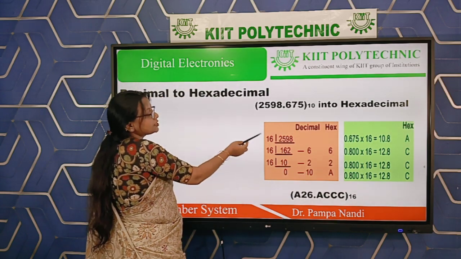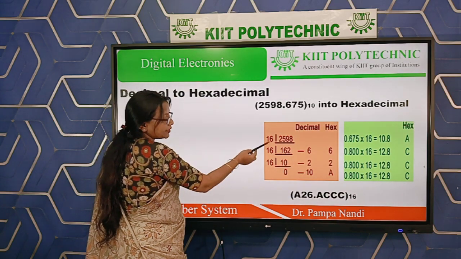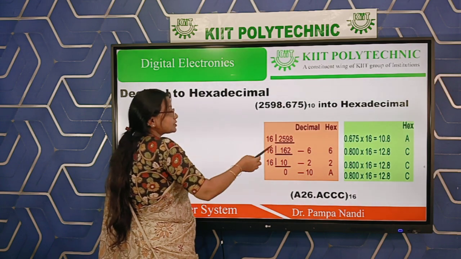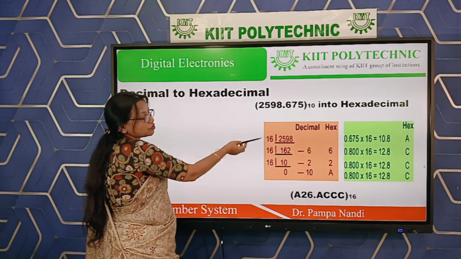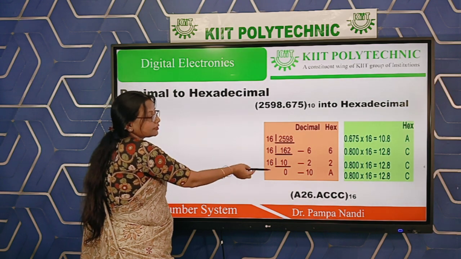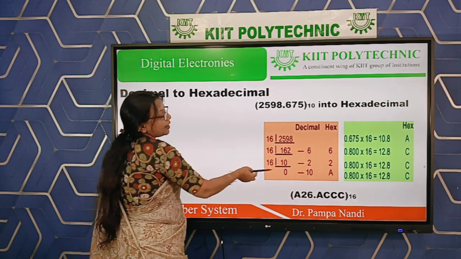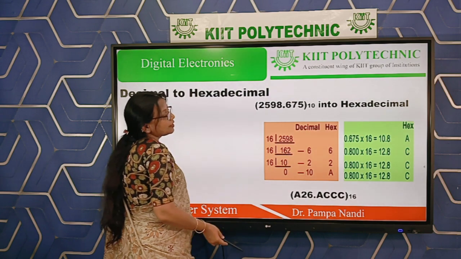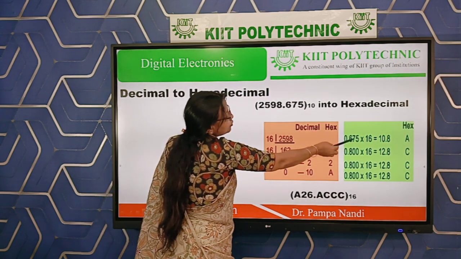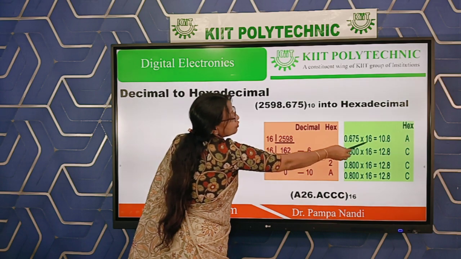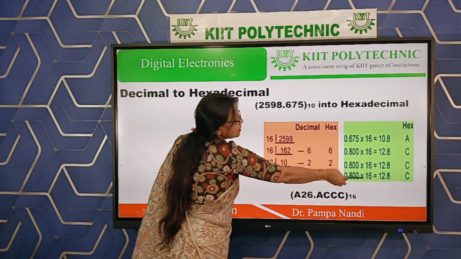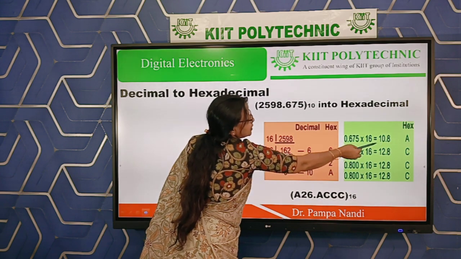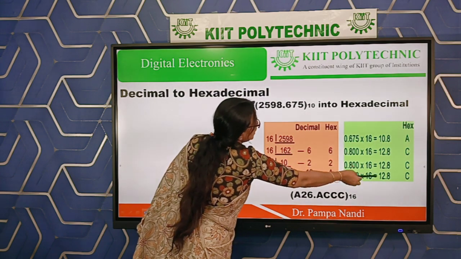The integer portion is continuously divided by the number system base, which for hexadecimal is 16. So continuously I am dividing the quotient by 16 and I keep on writing the remainder here. The fraction portion is continuously multiplied by 16 because the base is 16, and we are getting the integer values here.